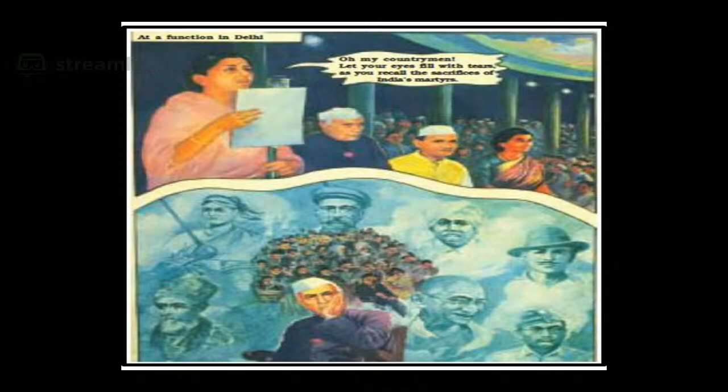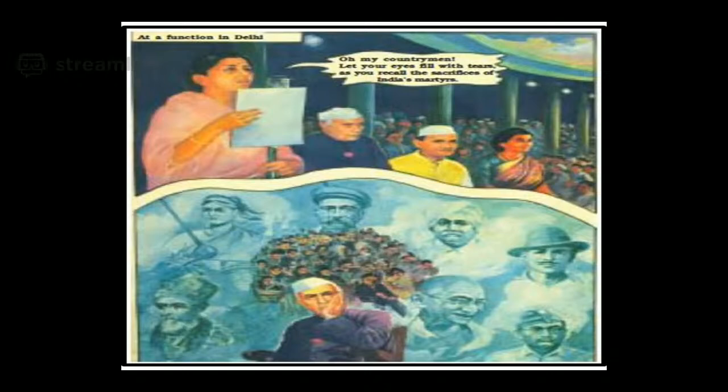Can you recognize them? In the center it is Pandit Jawaharlal Nehru, then Mahatma Gandhi, Subhash Chandra Bose, then on the other side, who's this? Bahadur Shah Zafar, the last Mughal king.